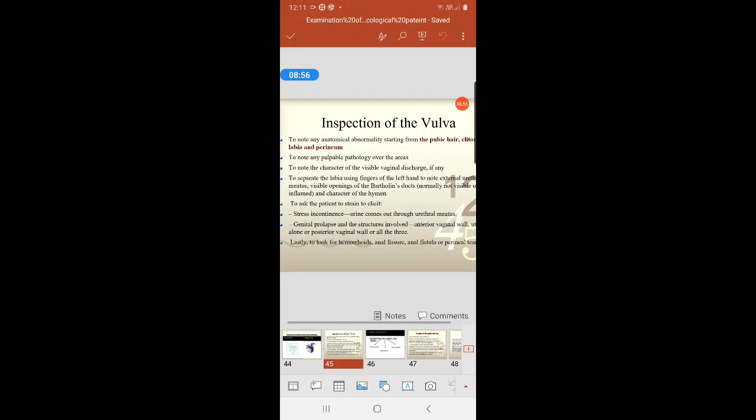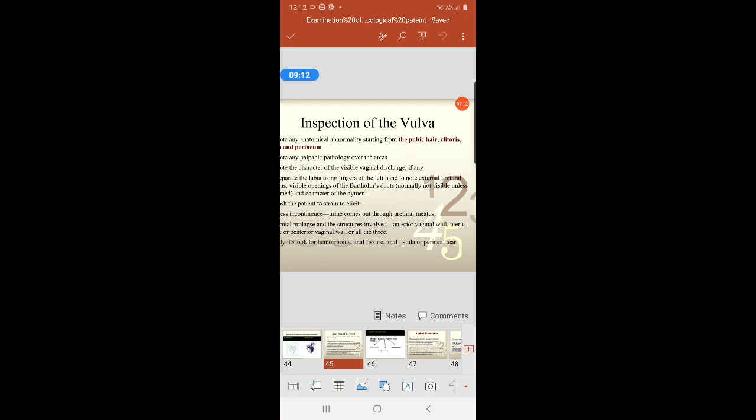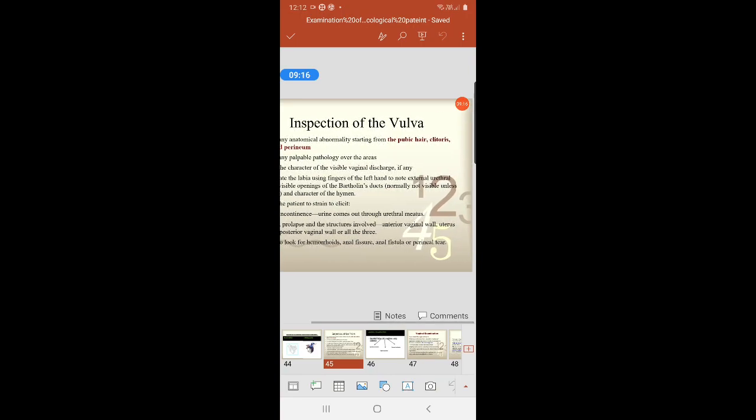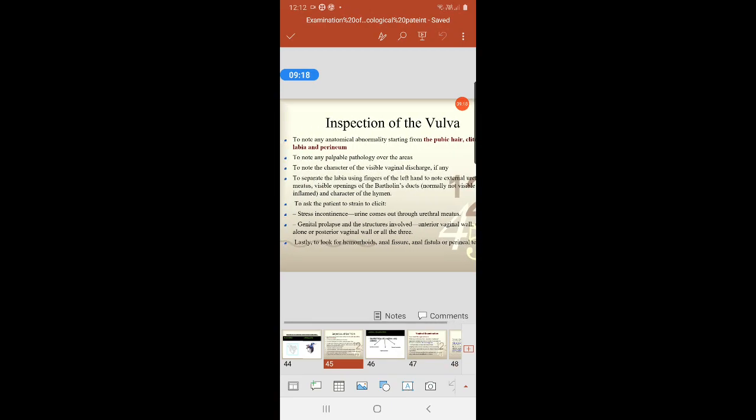So after the inspection, we use another method: with the help of the fingers of the left hand, we separate the labia majora to expose the external urethral meatus. Sometimes we have to know the condition of the meatus. Then the visible opening of the Bartholin ducts, which are normally not visible unless they are inflamed.